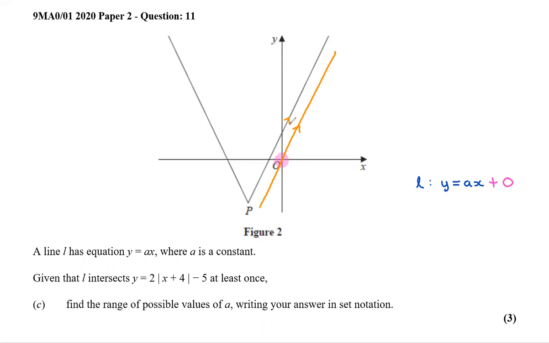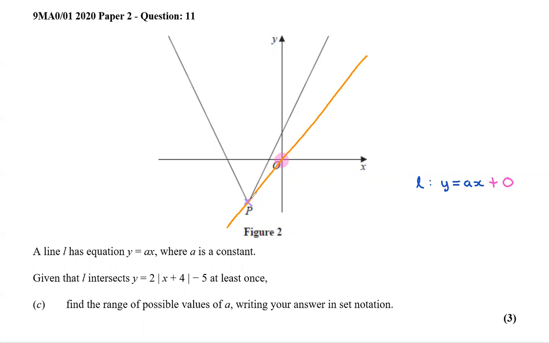So one option would be the following. We could have our L like this. So this would be 1 point of intersection where it would just intersect the modulus graph here at P. That would give you 1 point of intersection.